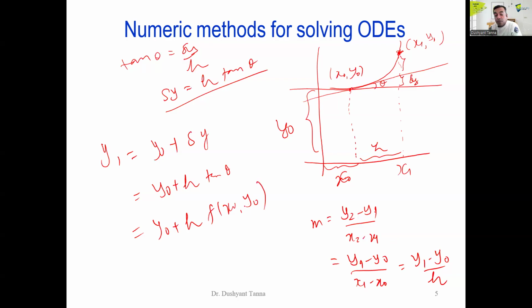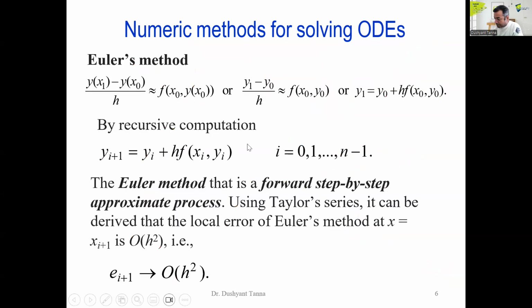Now, some of this is already repeated. So from Euler's method, what we now know, and this is essential, is y1 is y0 plus h f of x0, y0.